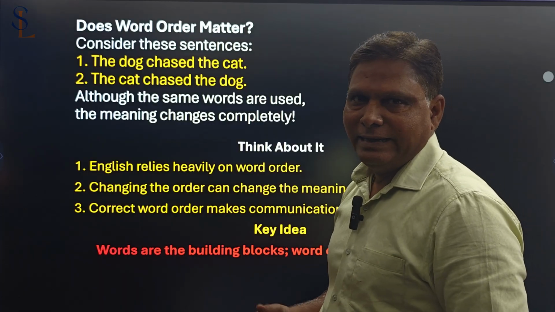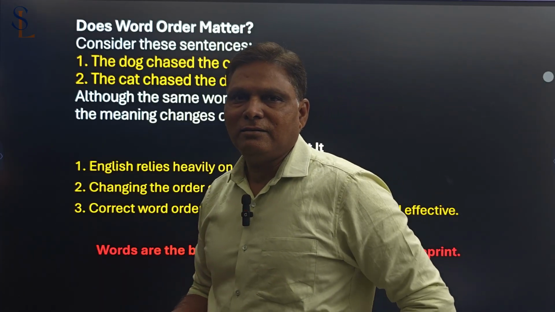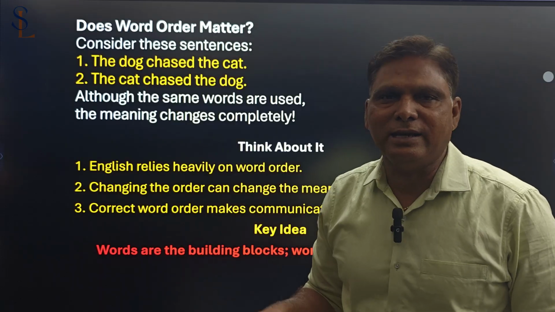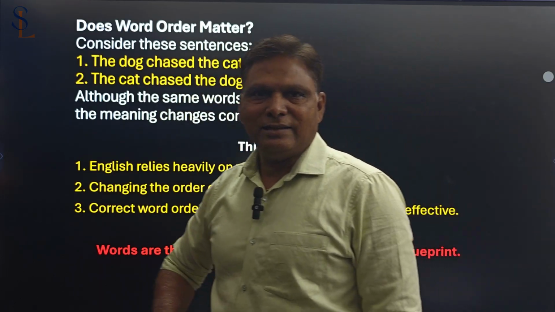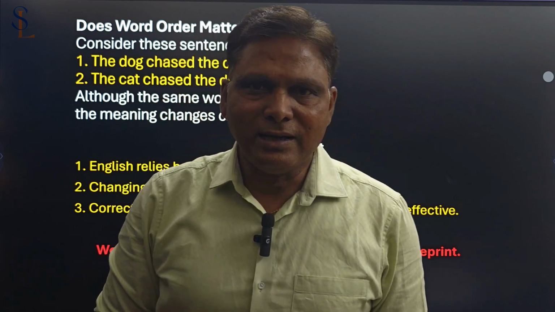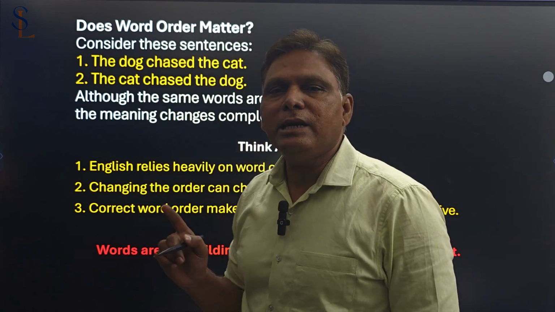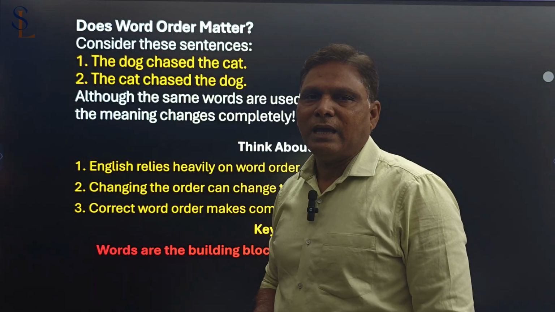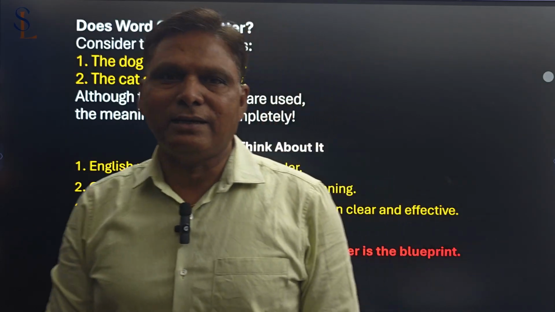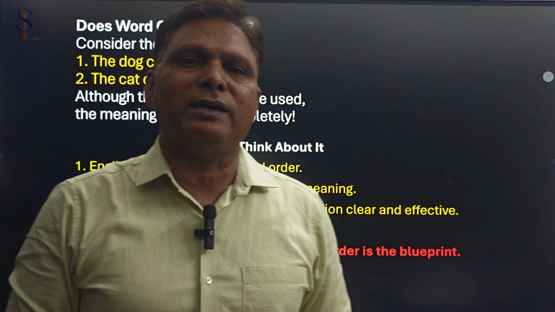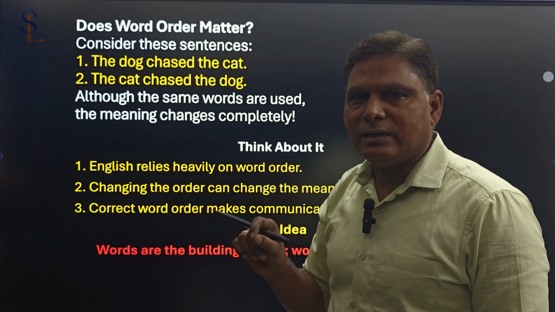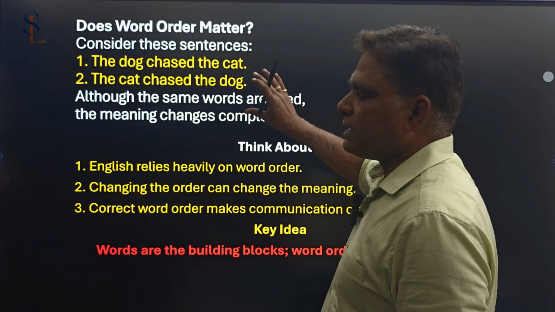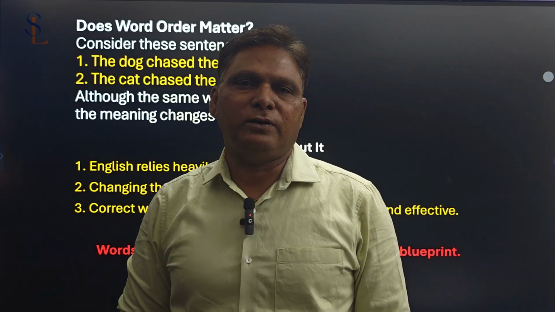But it is not the grammatical order, but how the words should be arranged. As you know pretty well, the dog chased the cat is grammatically correct and at the same time meaningfully correct. When a sentence is both grammatically and meaningfully correct, we call it semantically correct, because semantics is very important for a sentence.